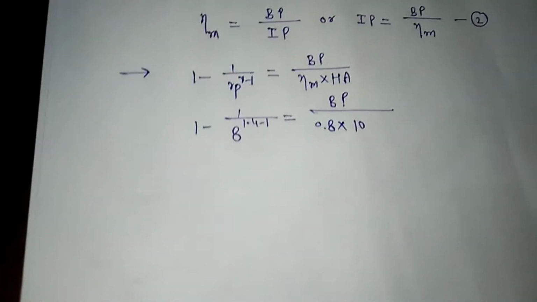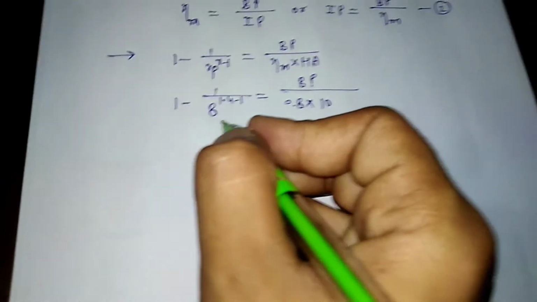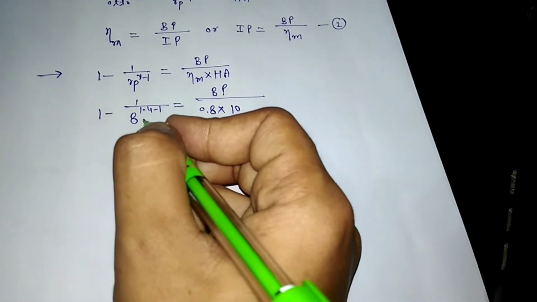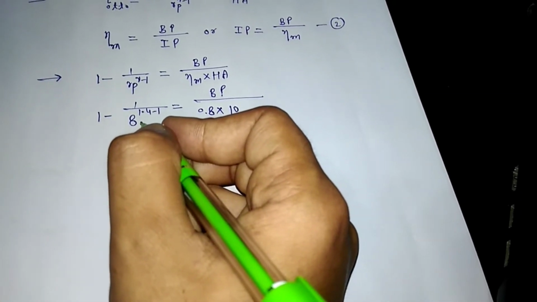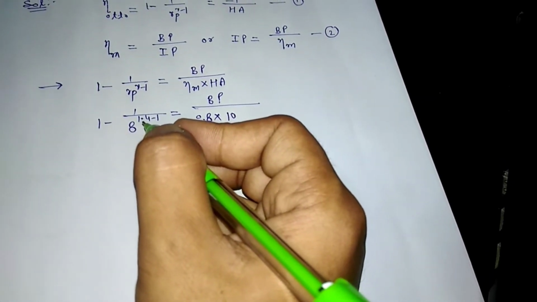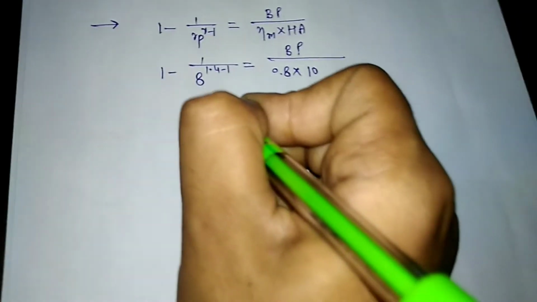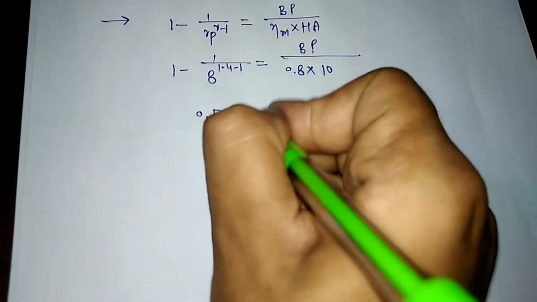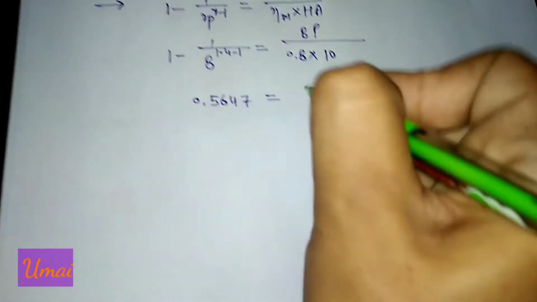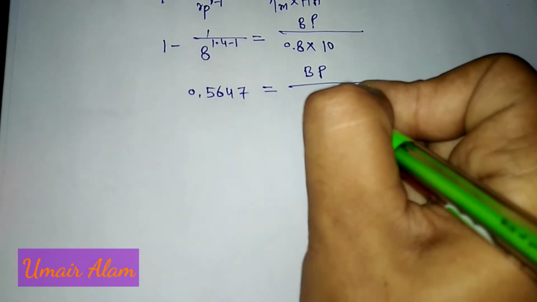So when we calculate, this value will become 0.5647, equal to brake power upon 8.